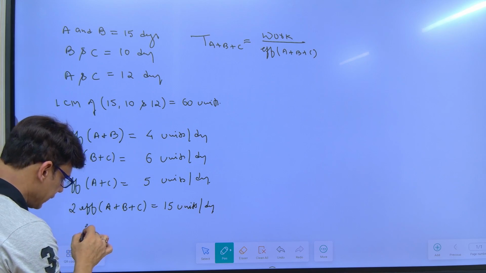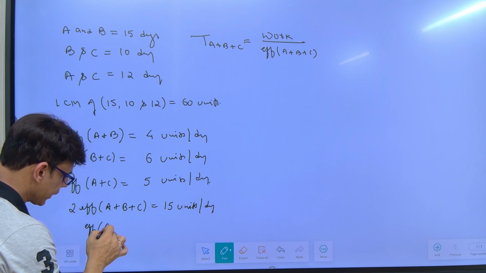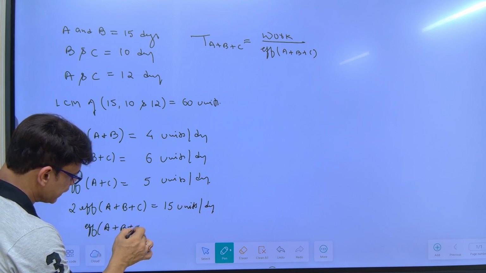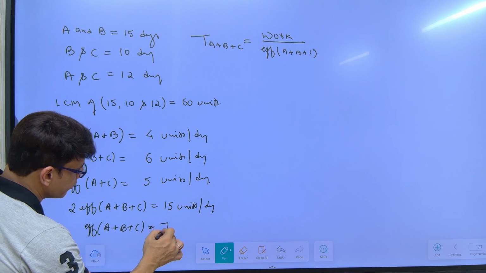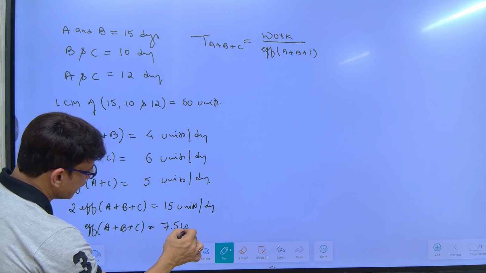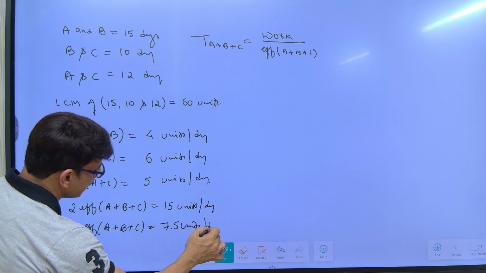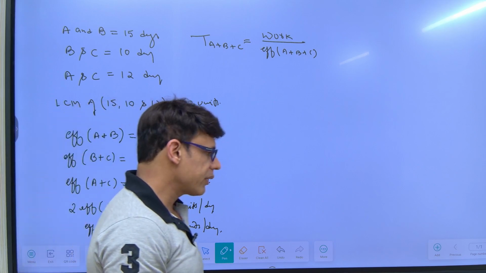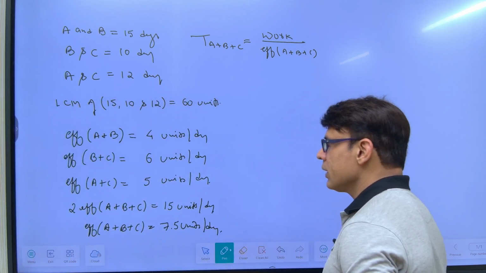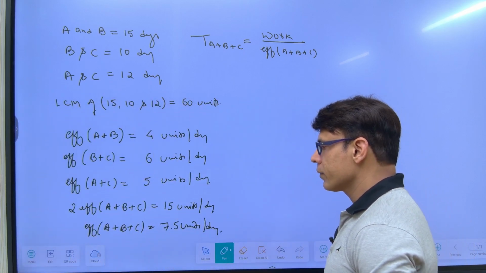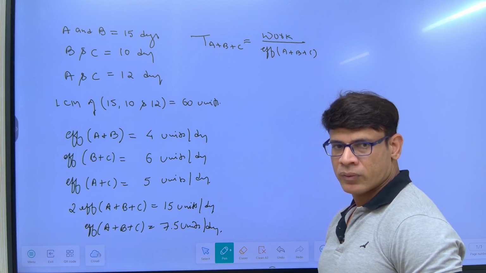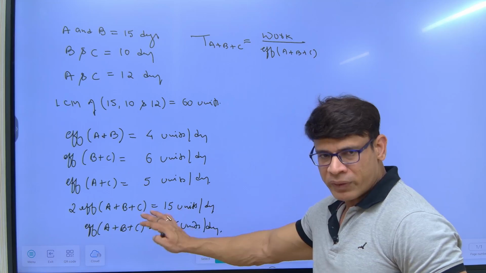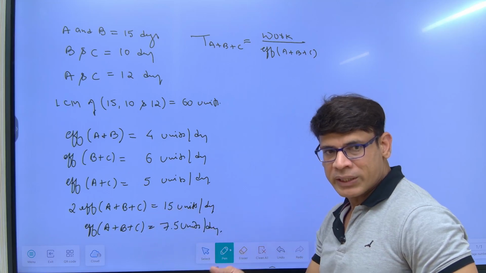So we will get the efficiency of A plus B plus C, which is 15 by 2, how much? 7.5 units per day, right? This is their combined efficiency. Now we don't have to find out the individual efficiency here; I'm just telling you how to find it.